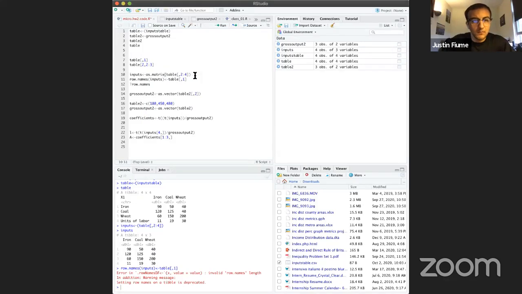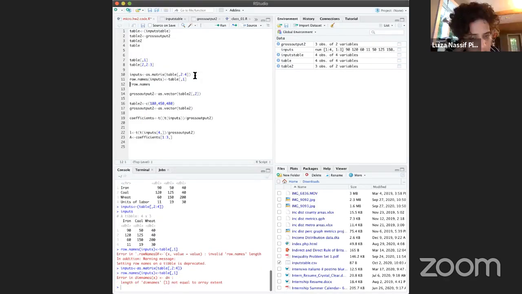Okay. Go on. Why not? Table for variables.